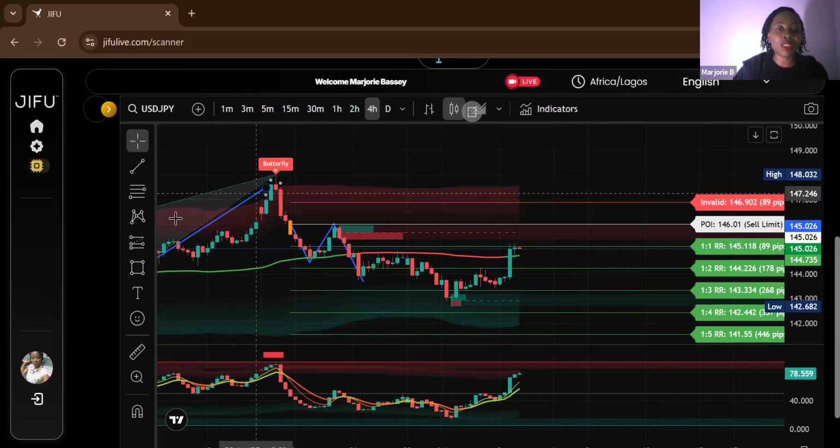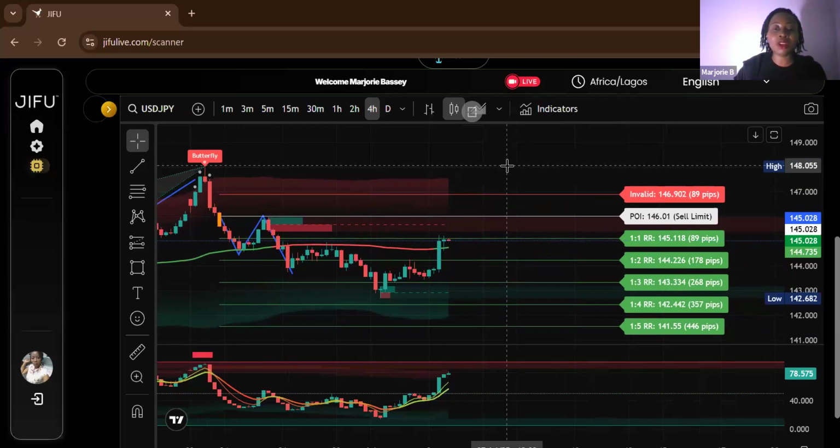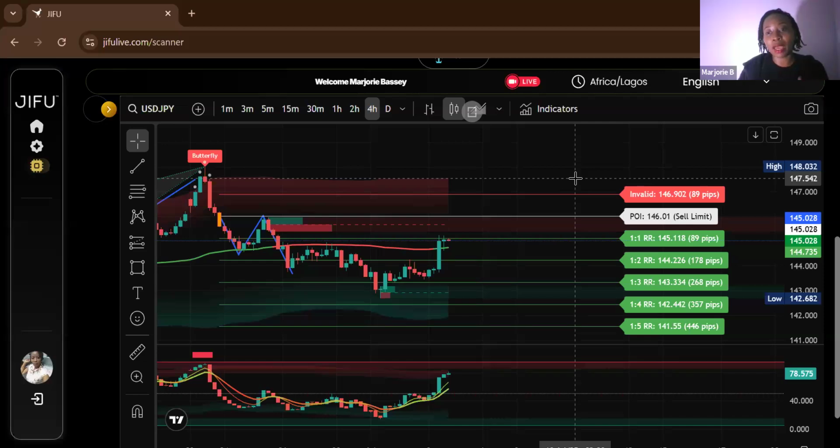You see Smartmonics added confirmation, but even without the harmonics pattern, you see that it's in a zone, the zone is valid, and then you carry these parameters to your MT4 or MT5 and input the parameters. We've taught severally how to take trades on your MT4, MT5.